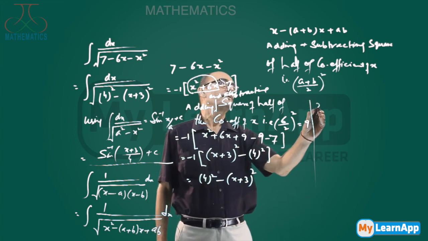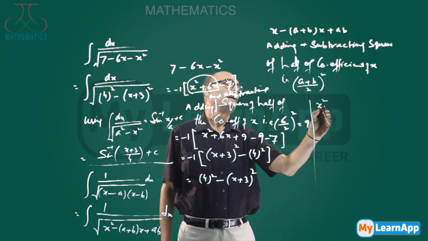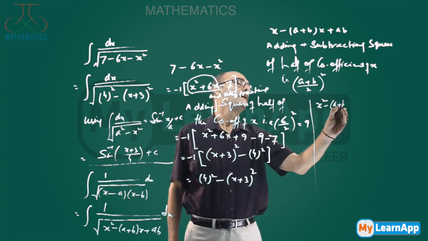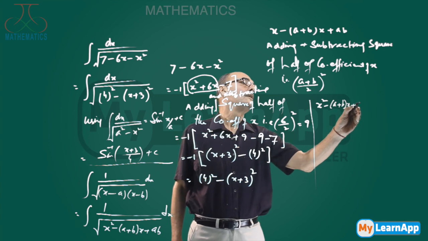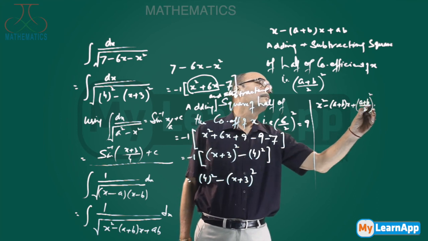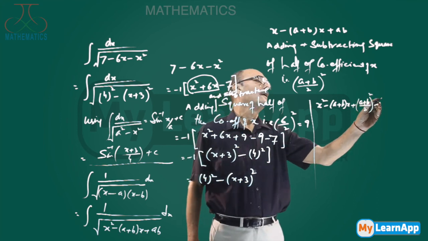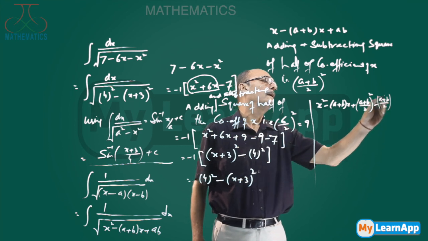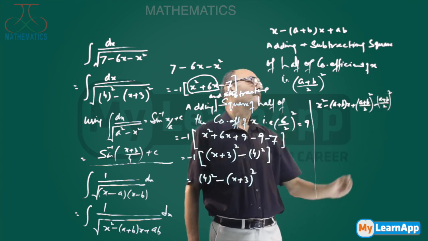So, this is x square minus a plus b into x plus a plus b by 2 square minus a plus b by 2 square plus ab.